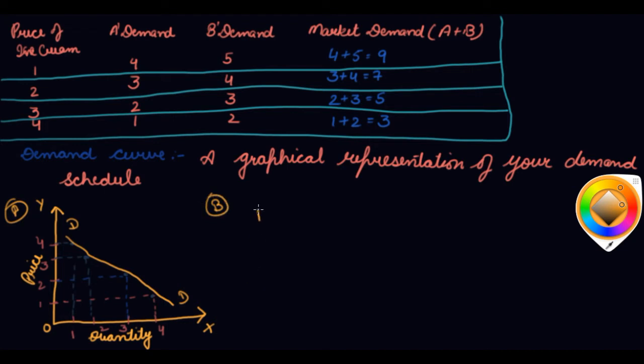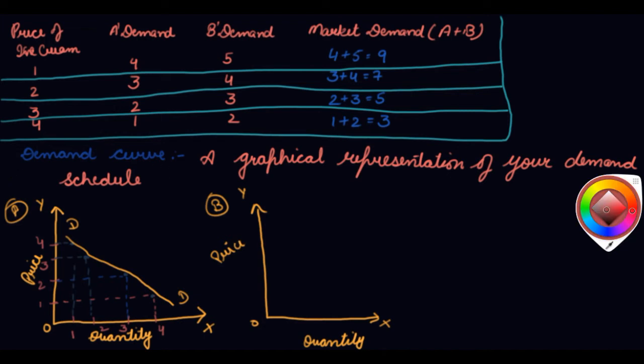This is again your straight line. Take x-axis, O, y. Then you have quantity, you have your price here. Let's plot the price. At price 1, 2, 3 and 4.